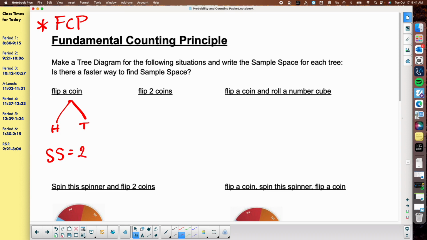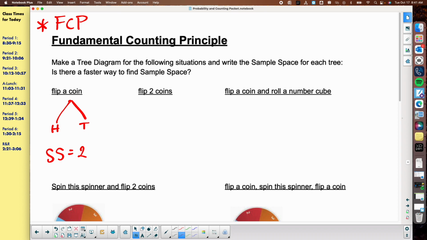The purpose for the tree diagram is to try to figure out how many things are in the sample space. Excuse me. So it'll start to make more sense when we have more options, but then at that point, a lot of people don't like the tree diagrams because they're too big.